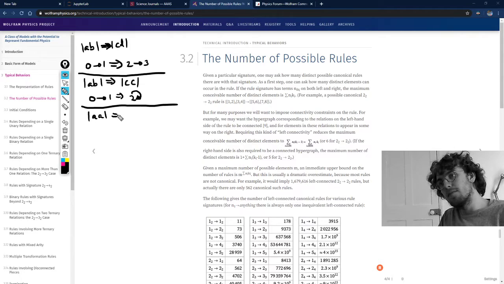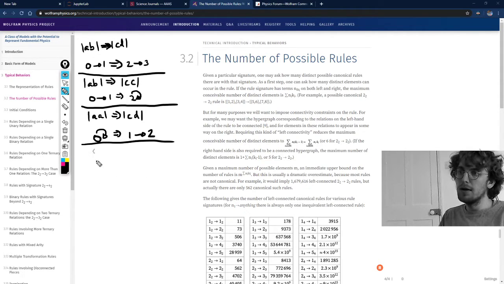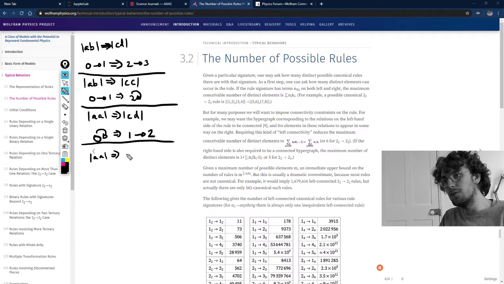AA goes to CD is 0 to itself, goes to 1 to 2. And last one, AA goes to CC is 0 to itself, goes to 1 to itself. Now we may as well do the most connected one.